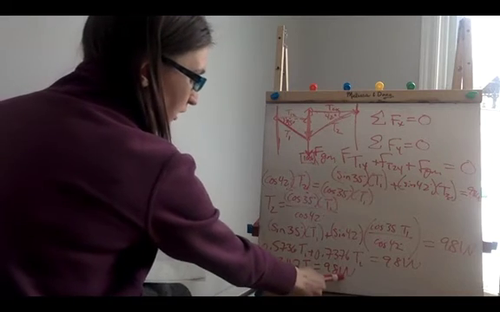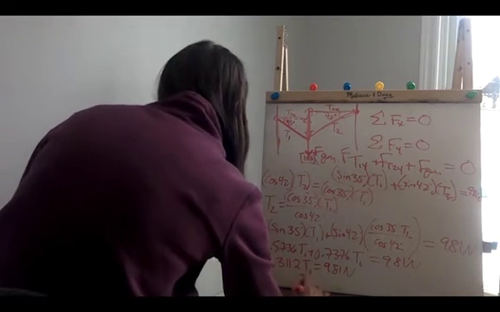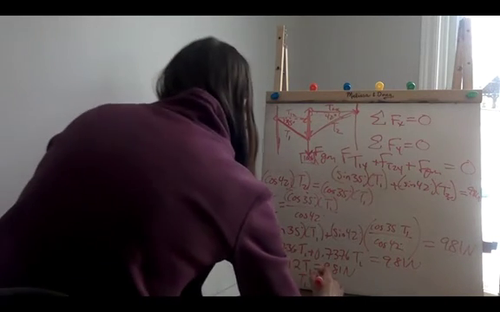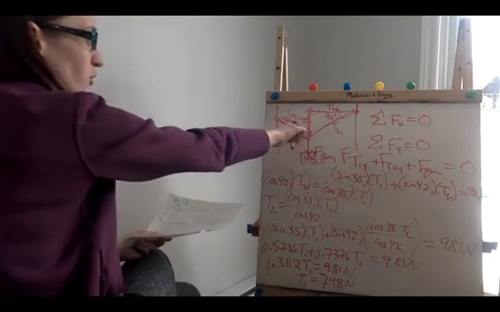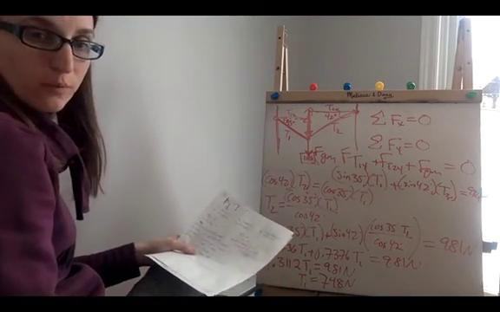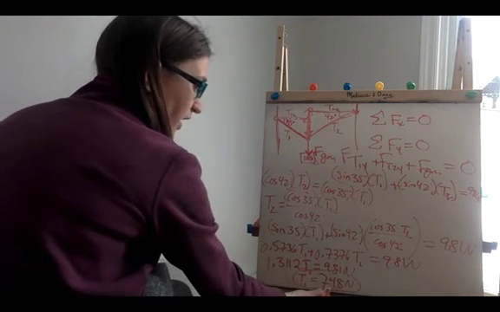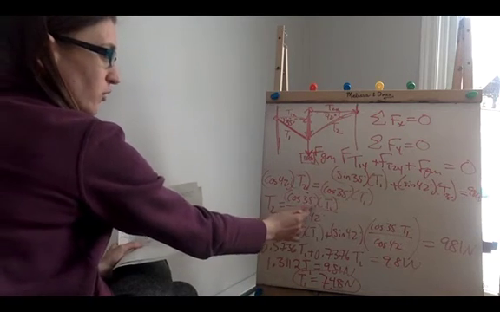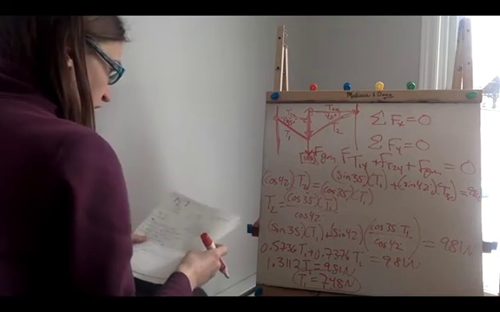Solve for T1, take your 981, divide it by your 1.3112. So the force of tension in the first cable is in fact 748 newtons, and we already knew that it was 35 degrees from the horizontal, right? So there's T1, and then in order to get T2, you're just plugging that value of T1 into this equation here, right? So cos of 35 degrees times that 748, and then divide by cos of 42.